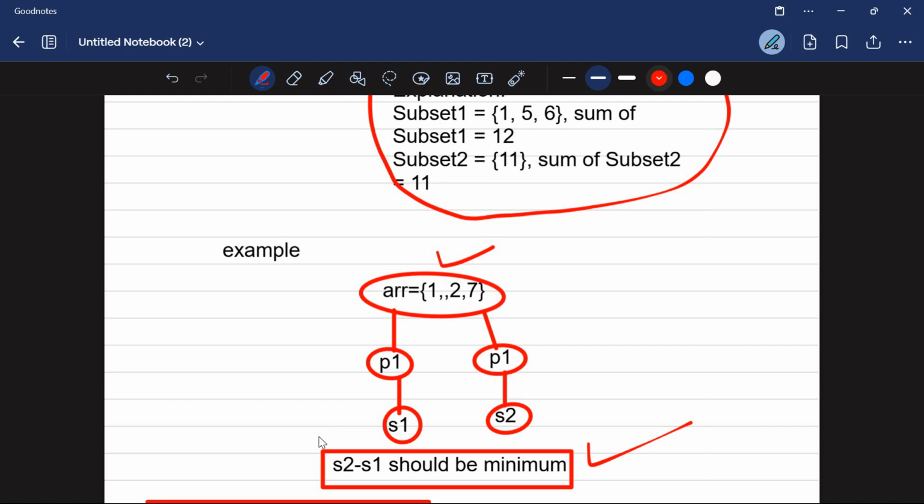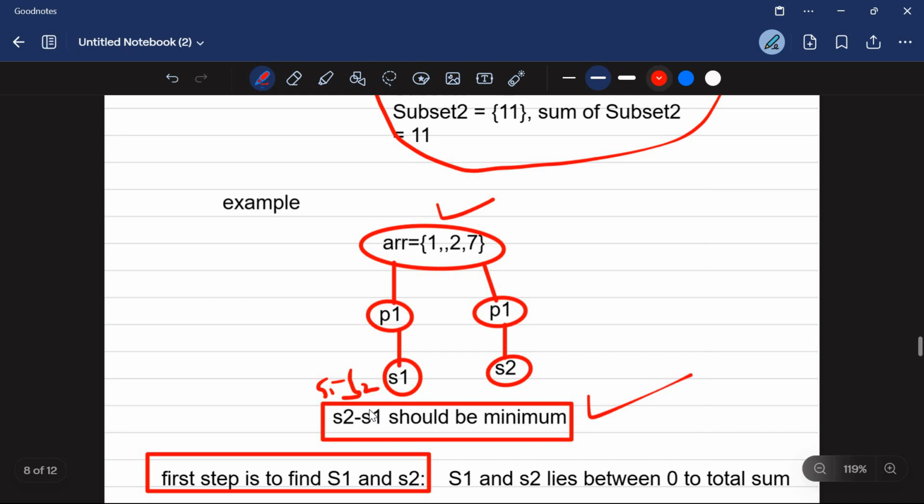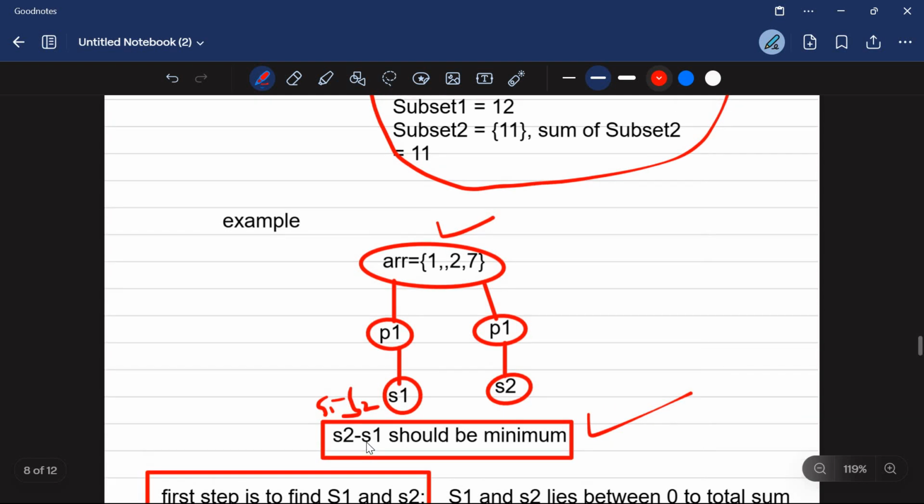We can consider S1 minus S2 vice versa. It doesn't matter if you consider S1 or S2. So our task is to find the minimum S2 minus S1.